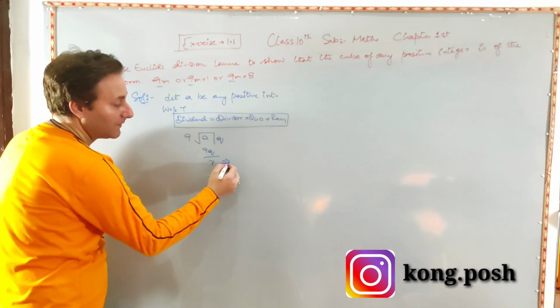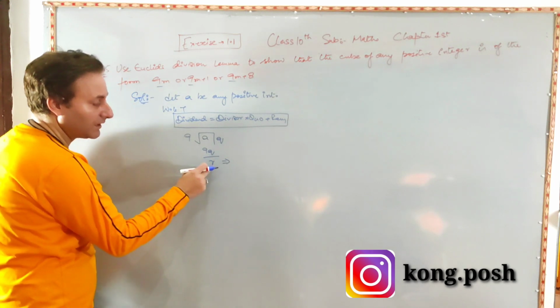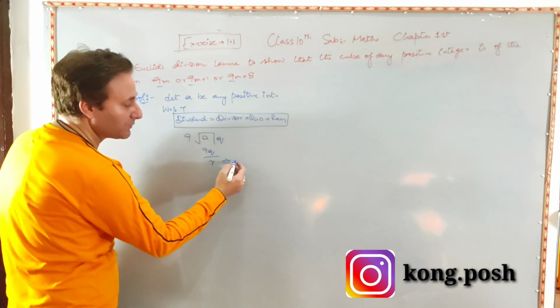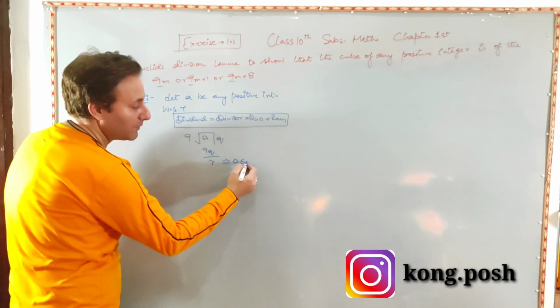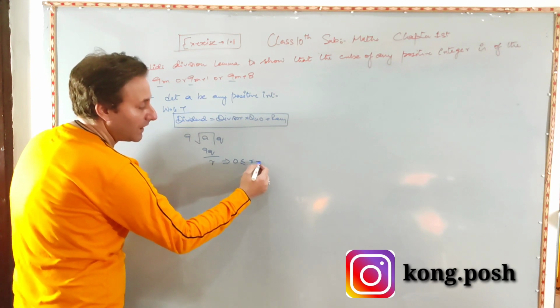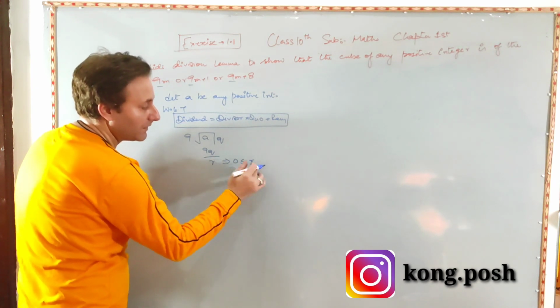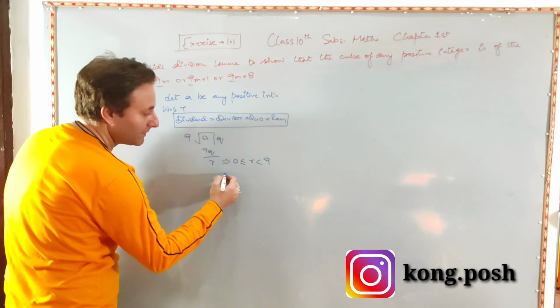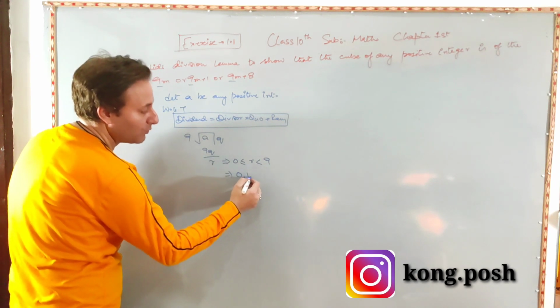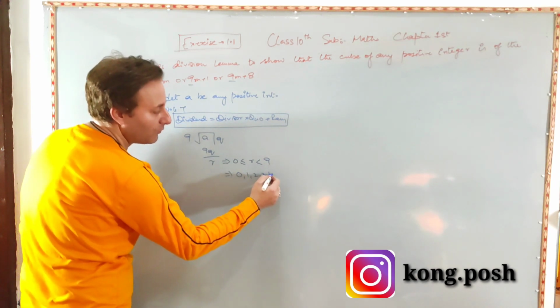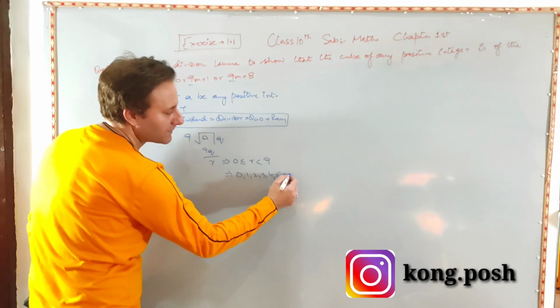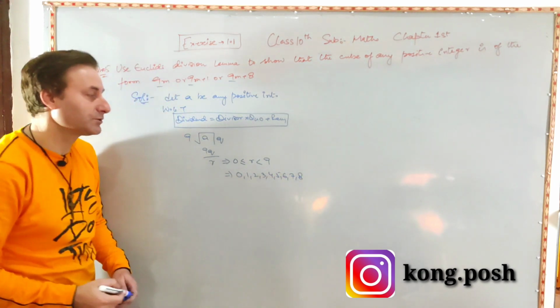But here, the possibilities of r lie between 0 and 9. So what does that mean? You have to take 0, 1, 2, 3, 4, 5, 6, 7 and 8. This is a daunting task.